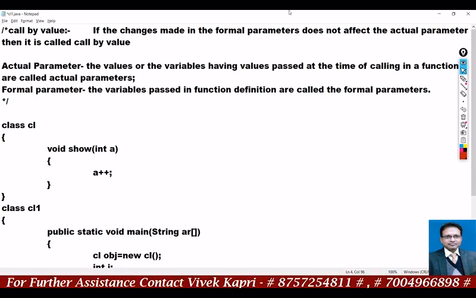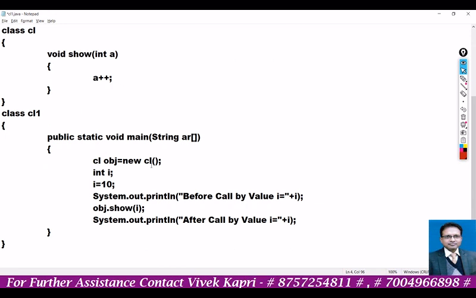Actually this is actual and this is formal. So it's compulsory that the actual parameter must have a value. If it is a value, then it must have a value. If it is a variable, it must have a value. But formal parameters get their values from the actual parameter.